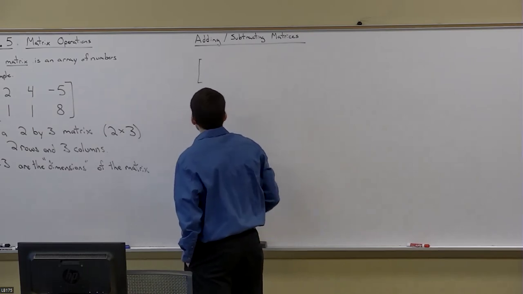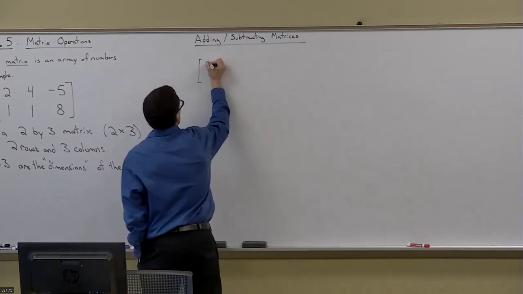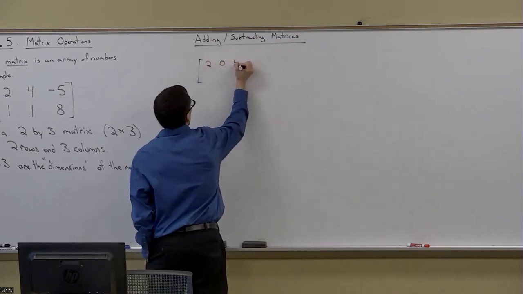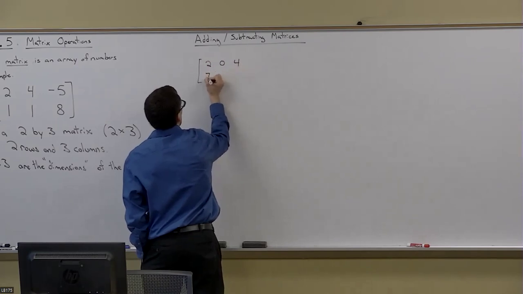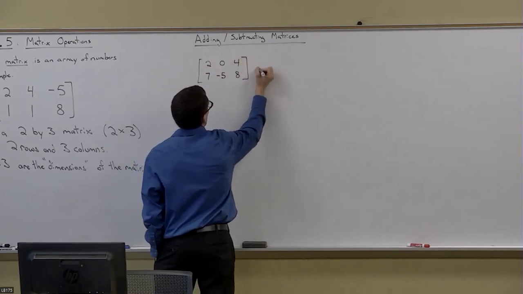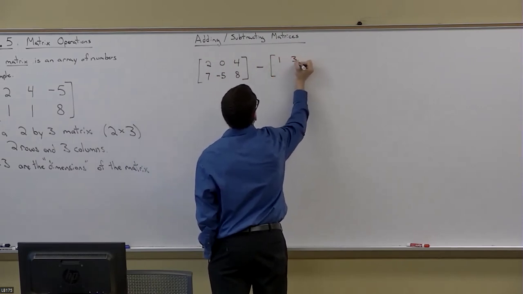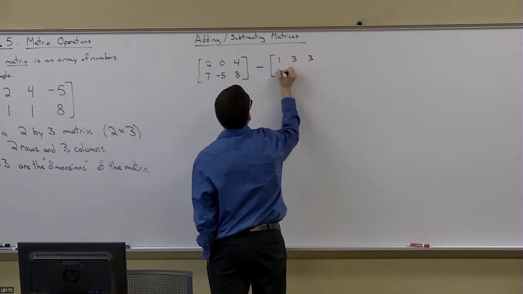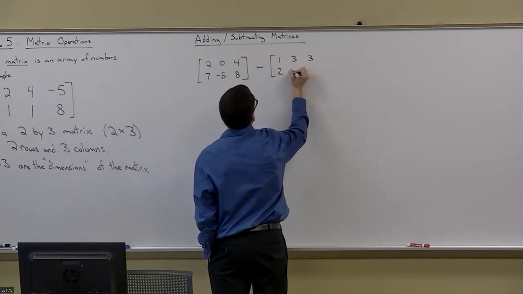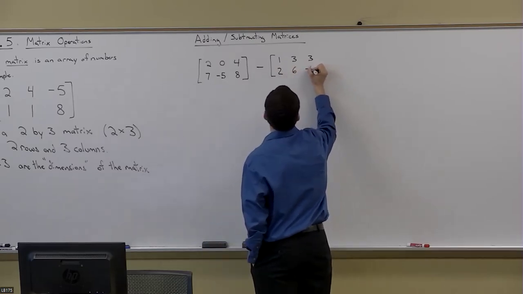Now, if we're going to be subtracting, and this also leads us into scalar multiplication, let's say I have 2, 0, 4, 7, -5, 8, and I want to subtract 1, 3, 3, 2, let's do 6, -4.